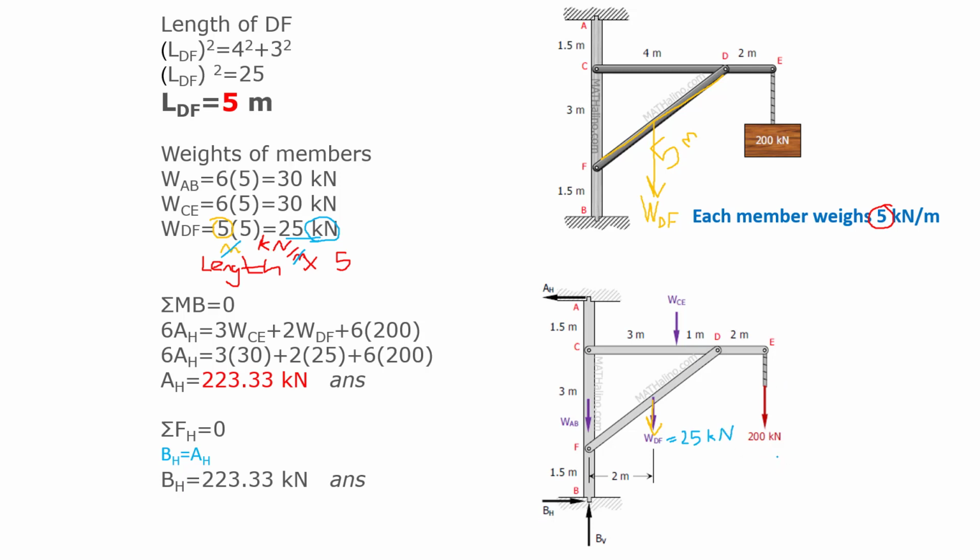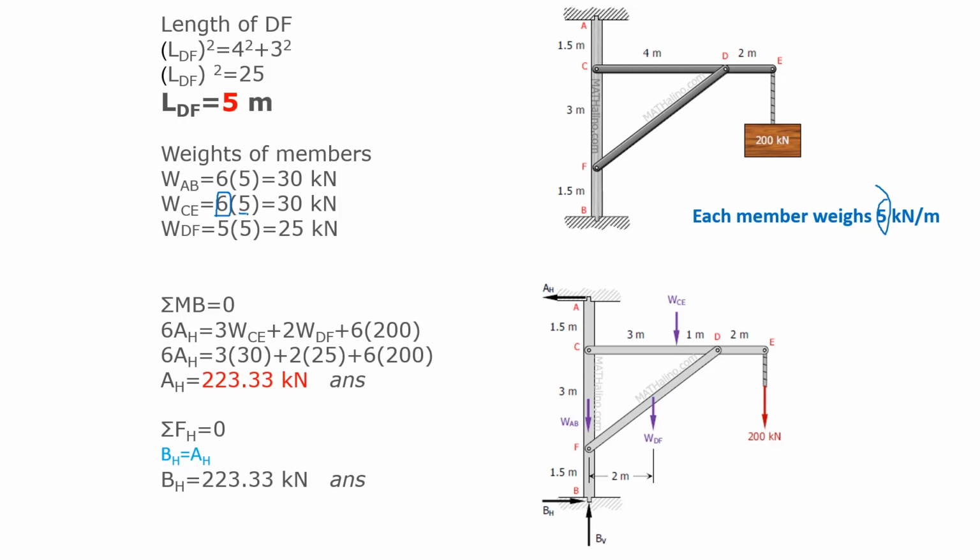And now we calculate the weight of CE, this bar. You see the CE bar is 3 plus 1 plus 2, equal to 6 meters. The length is written here, 6 meters, and 5 comes from here.